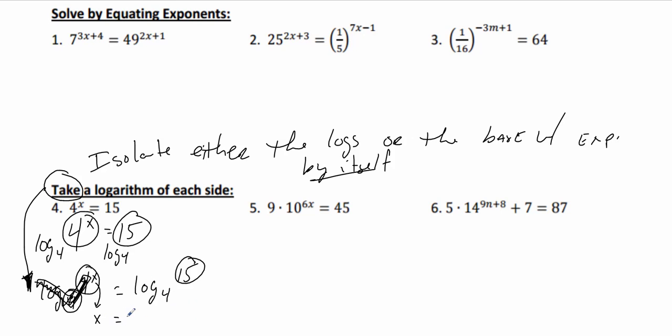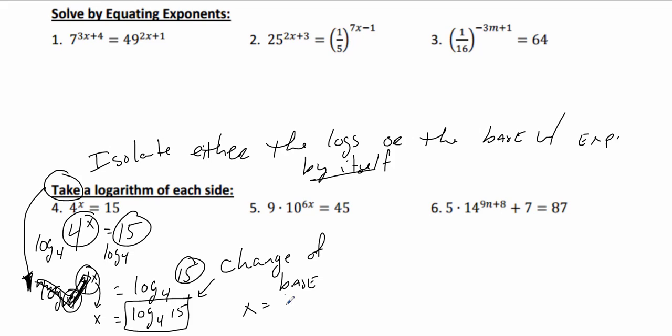And then this right-hand side is log base 4 of 15. But remember from the last section, log properties, this was the change of base formula. What that means is I'm going to take x to be log base 10 of 15, and I don't need to write the 10 there because it's base 10, over log base 10 of 4.